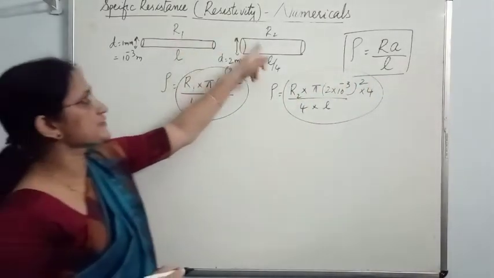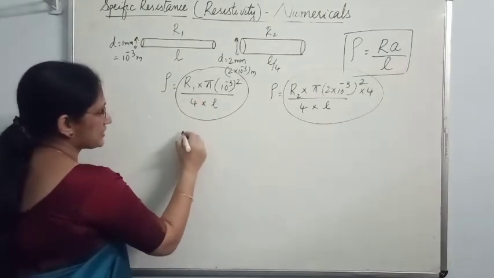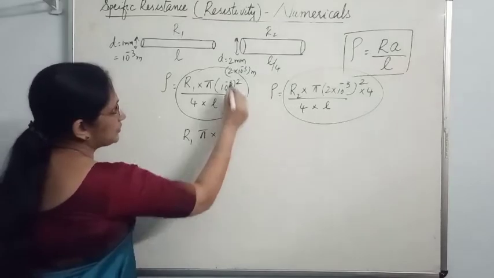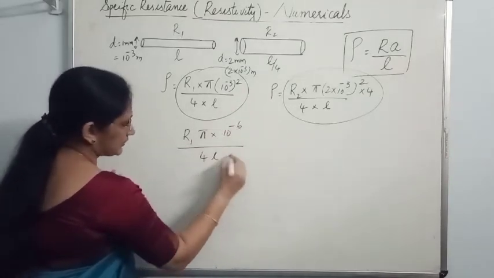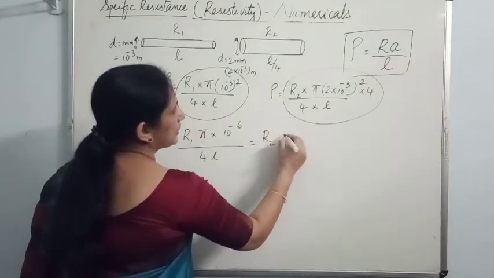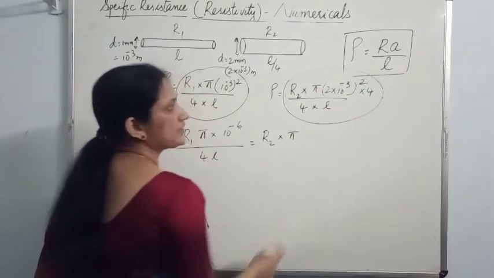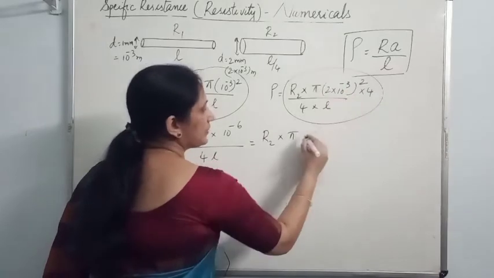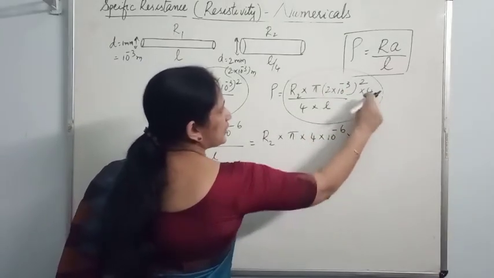Since the material is same, specific resistance is same. So this side you will get R1 pi into 10 to the power minus 6 upon 4L is equal to, this side you will get R2 into pi 2 into 10 to the power minus 3 all square, means square this full term, you will get 4 into 10 to the power minus 6 into 4.